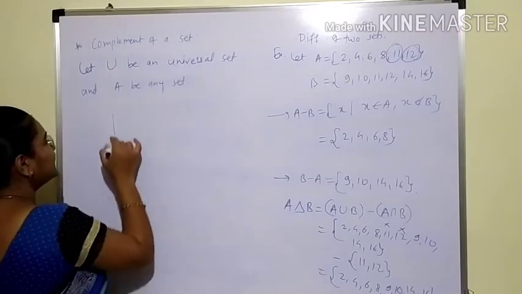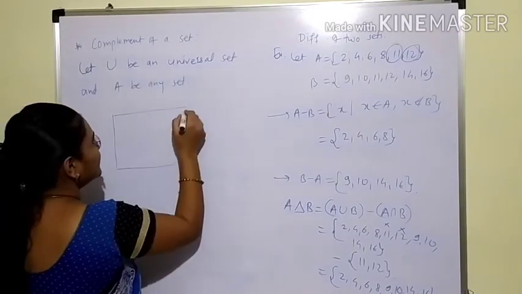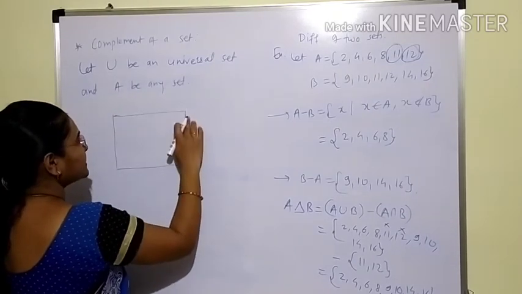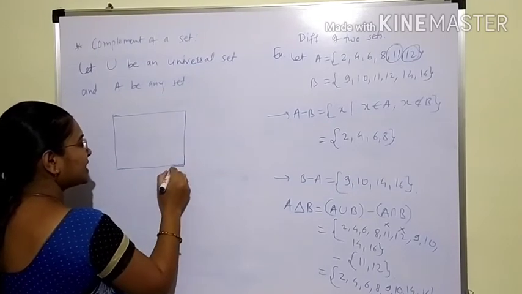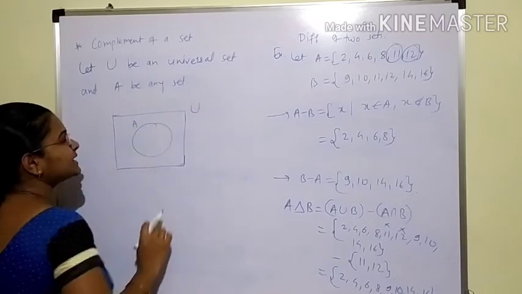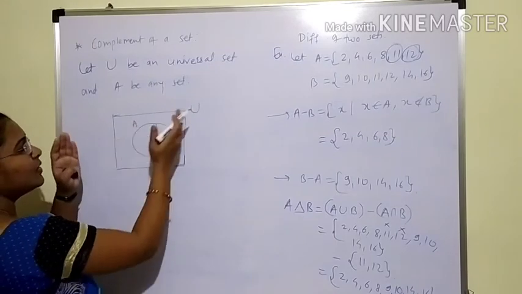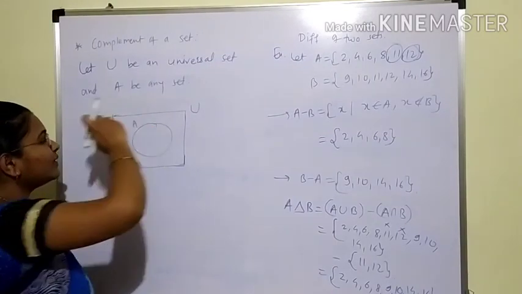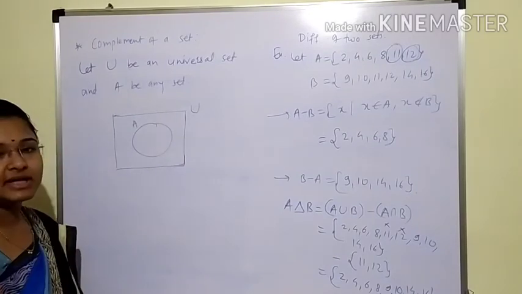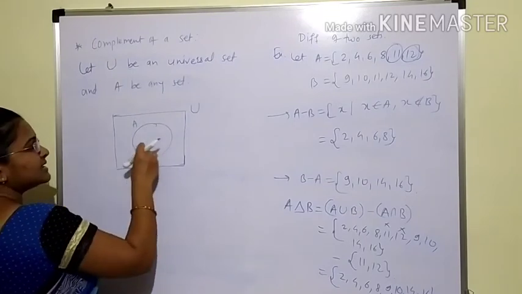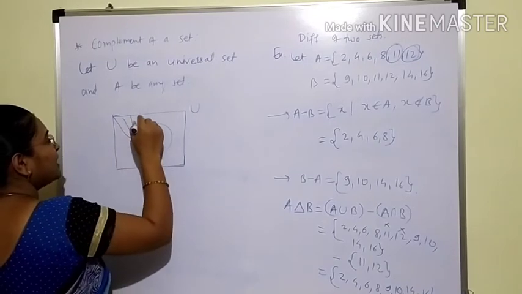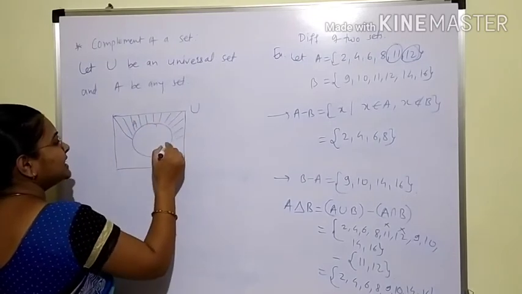Then the complement of set A means it is a set which contains elements not from the set but from the universal set. Suppose A is any set and U is a universal set. If from set U, the universal set, we take out set A, then the remaining part will show the complement of set A. Now students, if this circle represents set A, then the part other than set A, I am shading this part now.